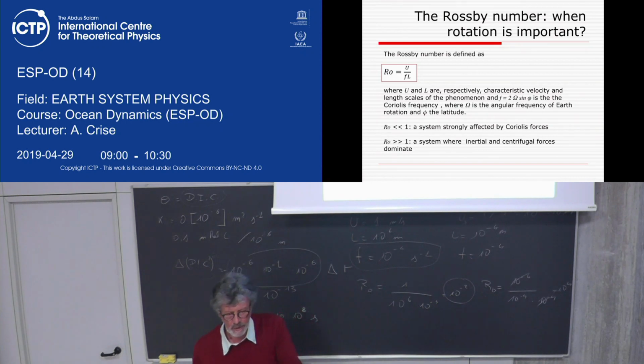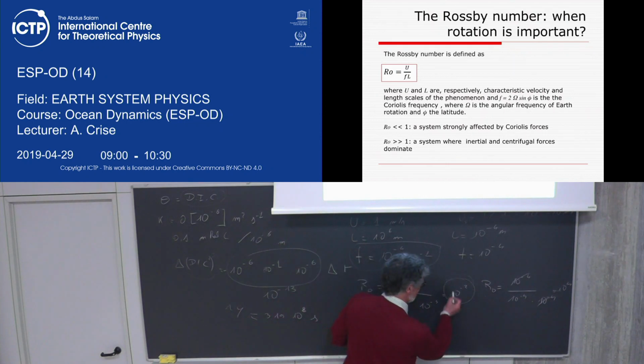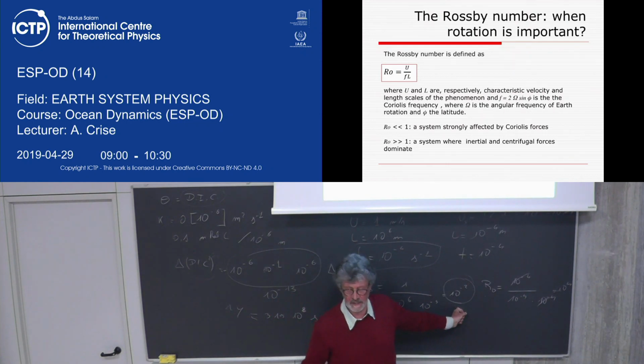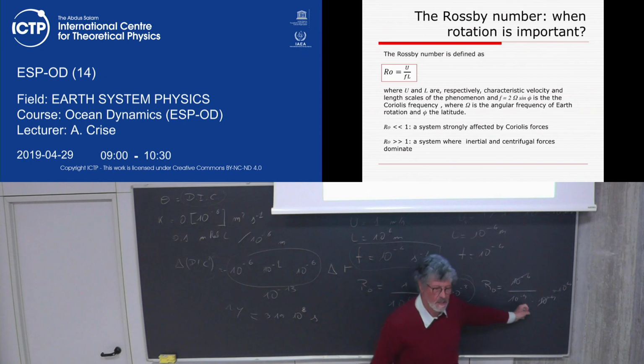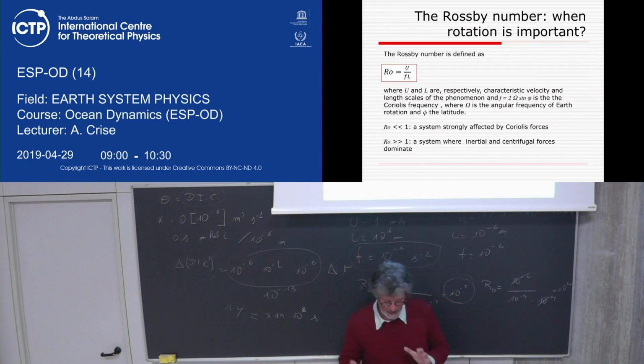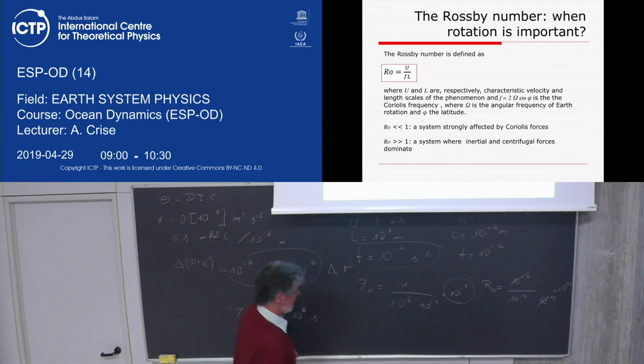When you think about oceanography, you think that the Rossby number is small, but this is true for general circulation. When you look at the microscale processes, the Rossby number is much higher. So it's not true that the Rossby number is always small.